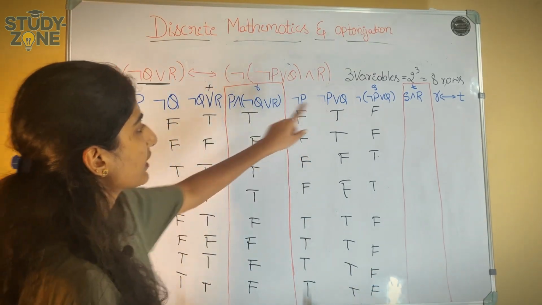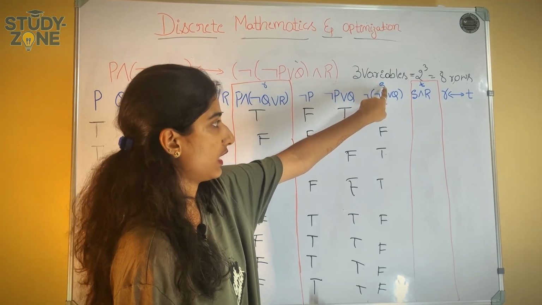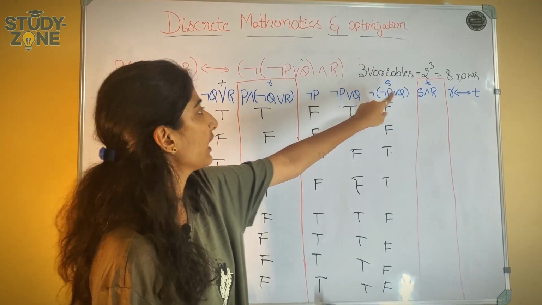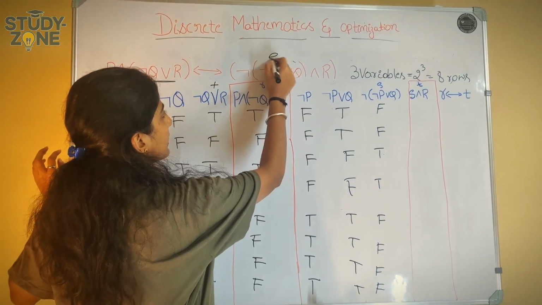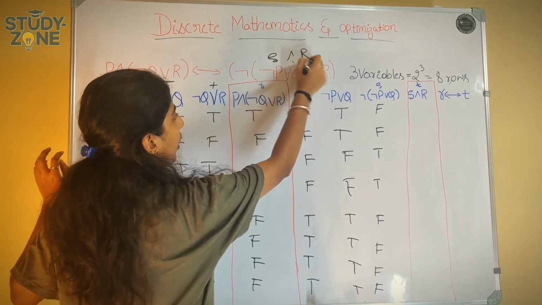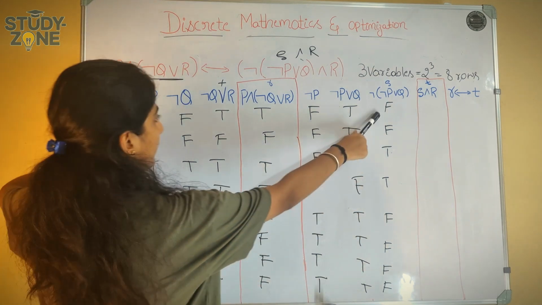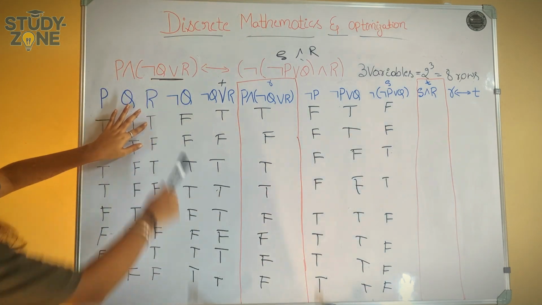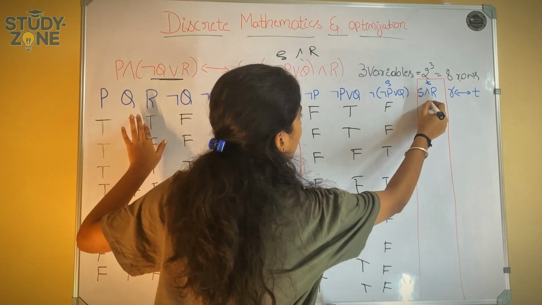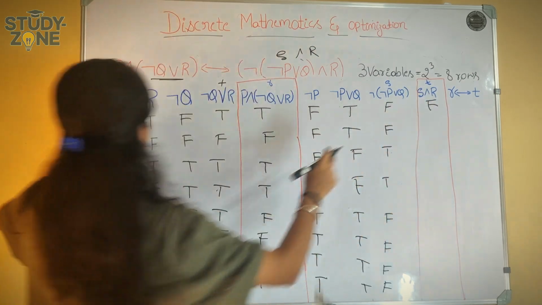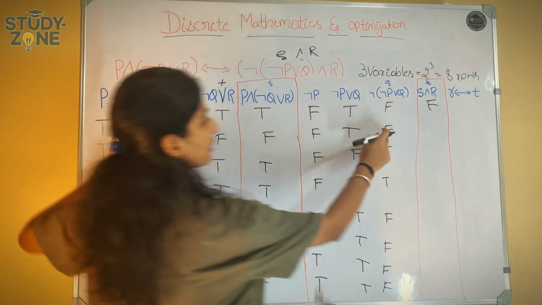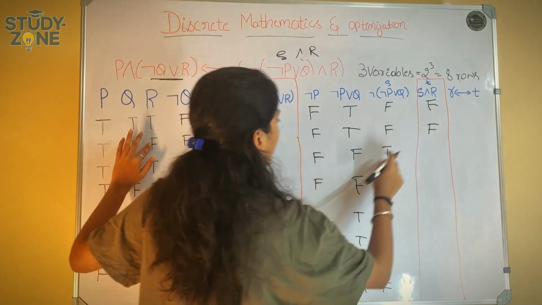Done. Let us take this as S for our convenience. Then what we have to do here is S and R. So S and R, and means multiplication. True into false, false. False into false, false.